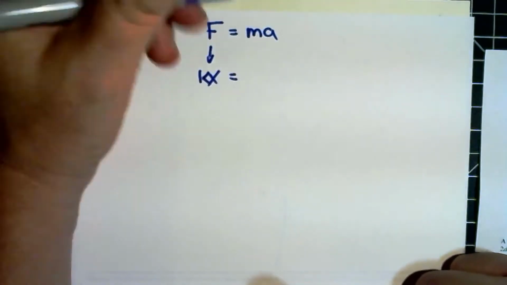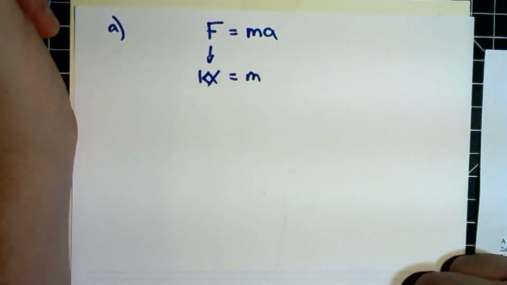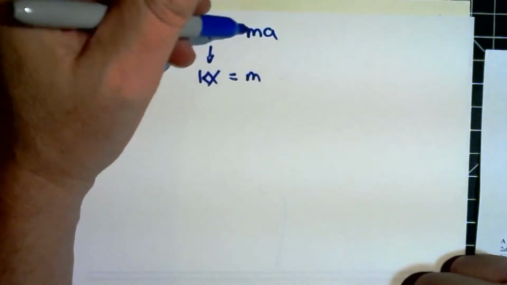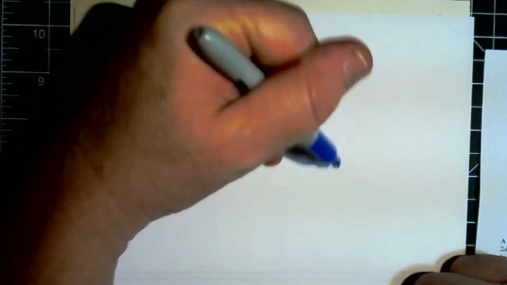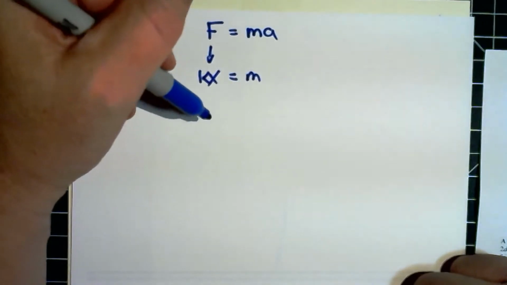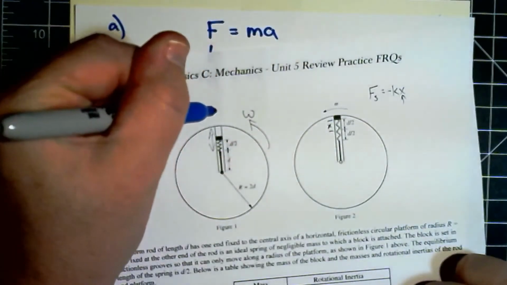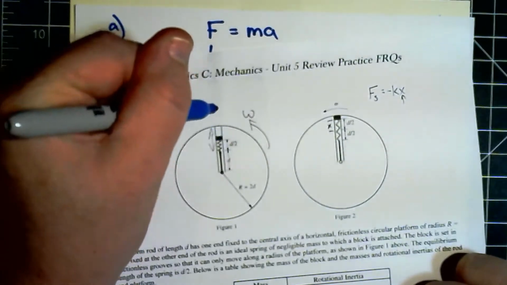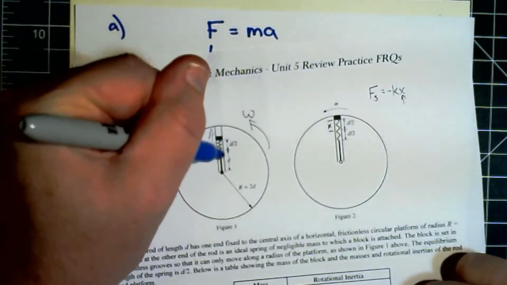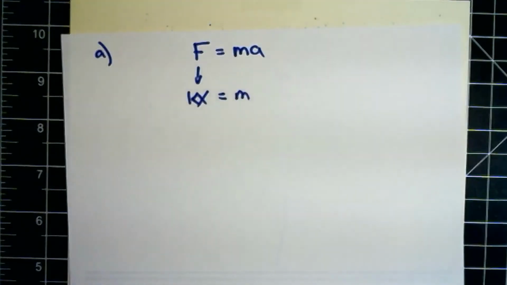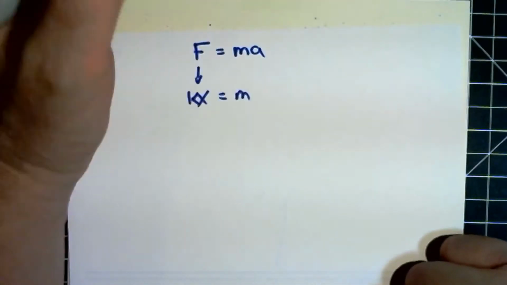And then the acceleration is a specific type of acceleration. Because the block is going in a circle, the centripetal force is what's causing it to stretch out. In other words, the inertia wants to stretch out, and so the spring force is actually the centripetal force. It's what's keeping it from just flying away.